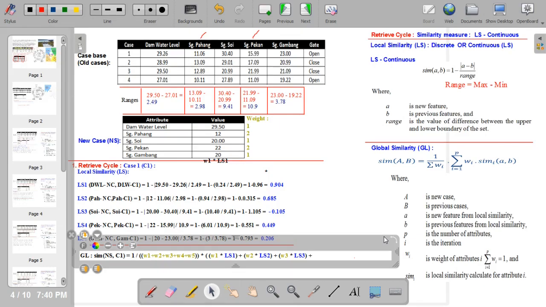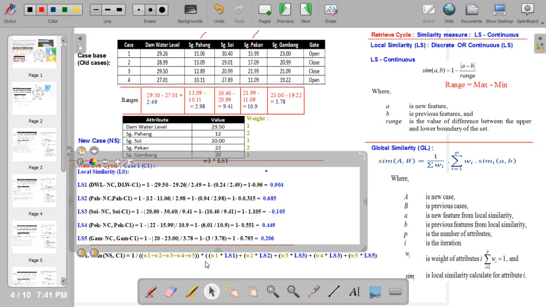Then plus the weight for the fourth attribute multiplying by the LS for the fourth attribute. Then plus the weight of the fifth attribute multiplying by the LS for the fifth attribute.